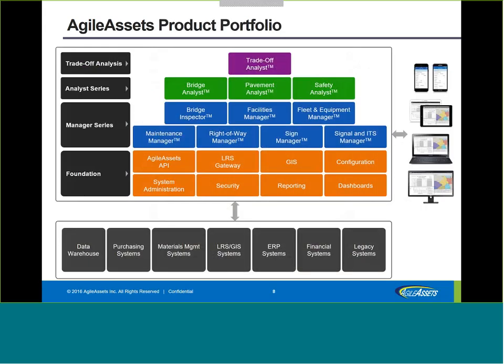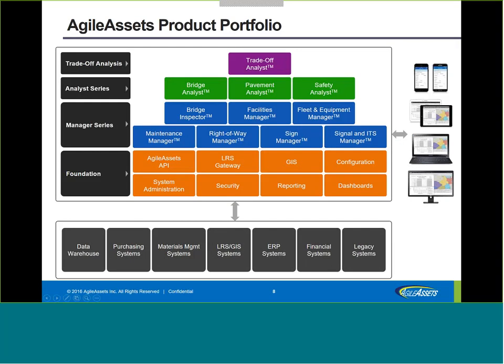This is a quick product portfolio of our AgileAssets suite. As you can see, we have a system foundation, and that system foundation gives you different functionality, for example, system admin functionality, security, linear referencing system, GIS, reporting, and AgileAssets API.